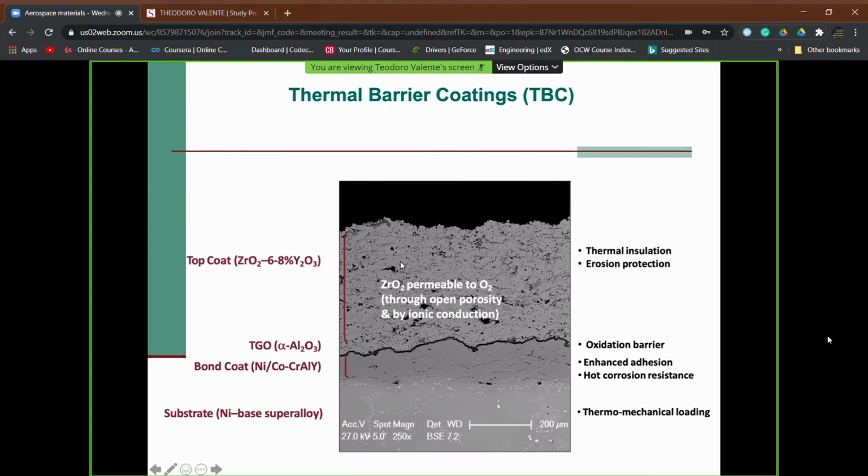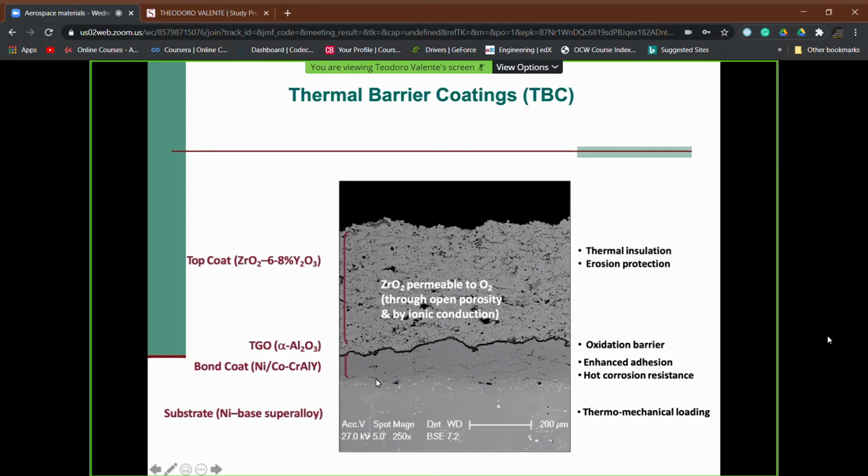Then we will come back to what partially stabilized means, but let me first conclude this. So the first thing we do is to use a partially stabilized zirconia.